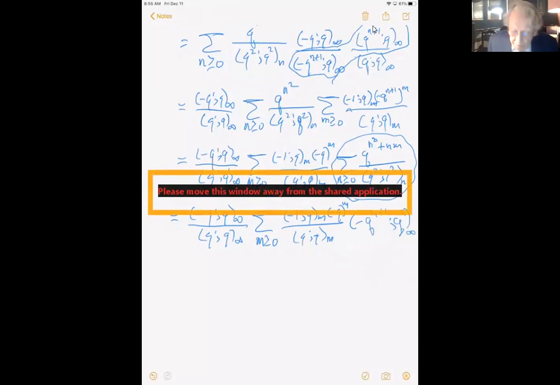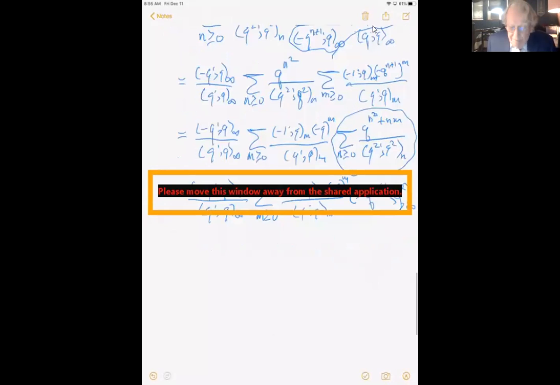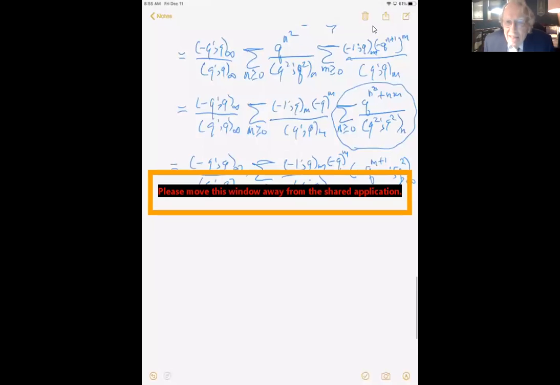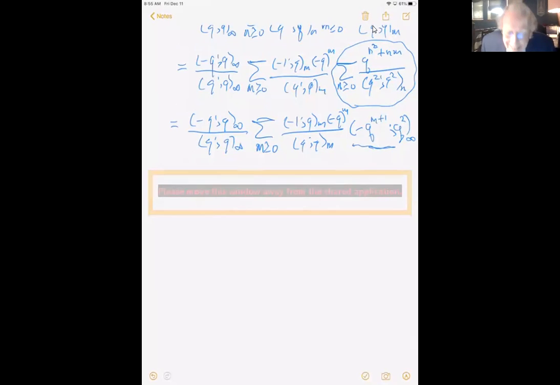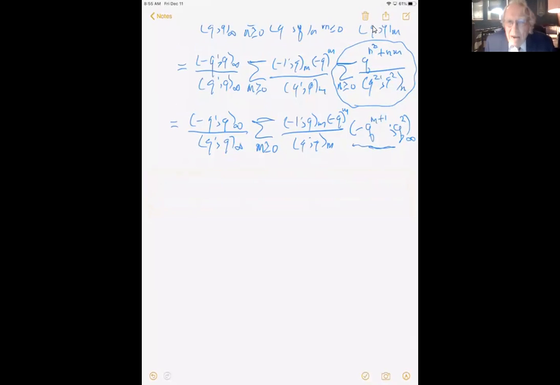And now you may think he's hit a real snag, because this product, you can't break it down into the finite product and the infinite product as it stands, because you need to know the parity of m.